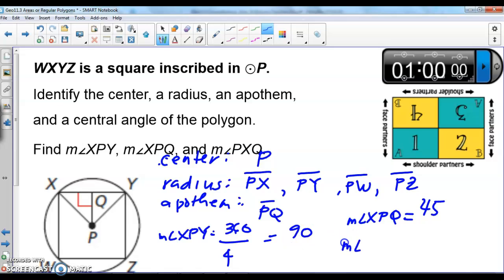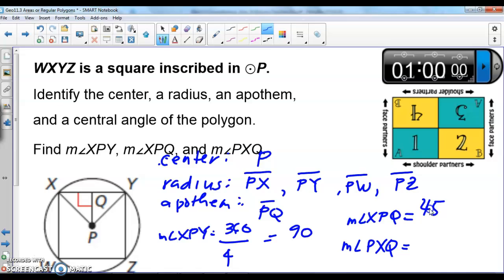And then last but not the least, angle PXQ. PXQ is this corner here. We know that in a triangle, all the angles add up to 180. So you can add these up and then the remaining will be your answer. Or if this is a right angle, then the two remaining angles of the triangle are complementary.